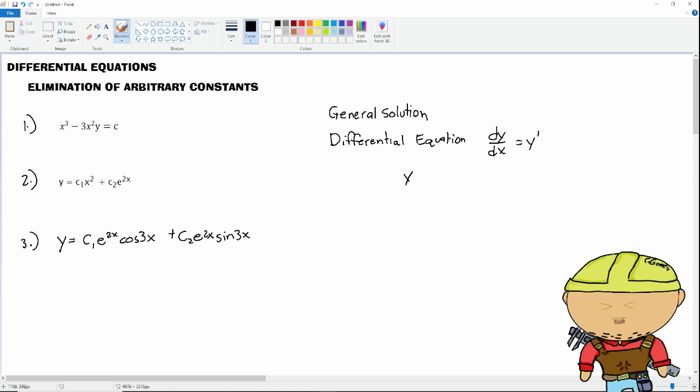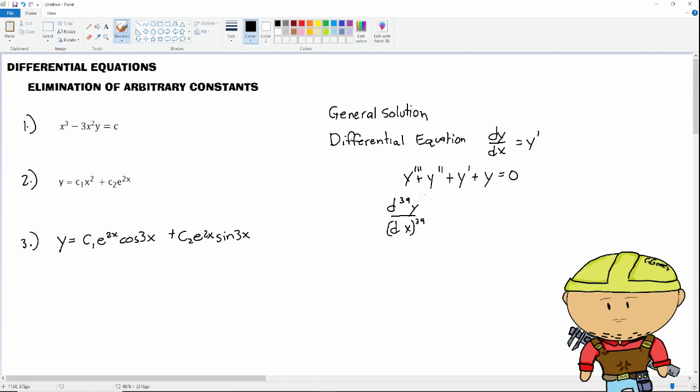In a differential equation, it can be as high as the third derivative plus the second derivative plus the first derivative plus y is equal to 0. It can be as high as the 39th derivative with respect to x raised to the 39.